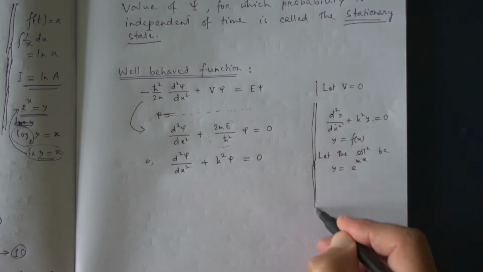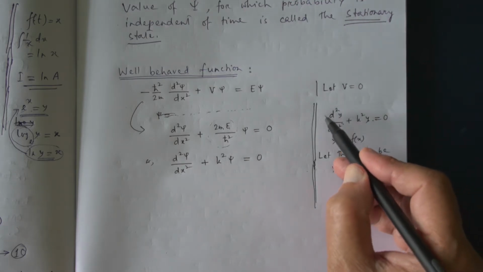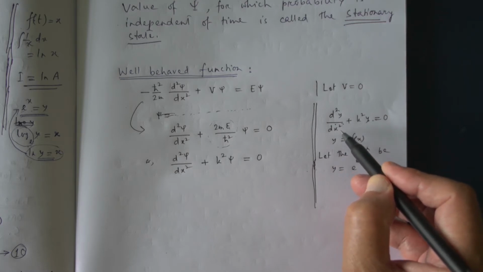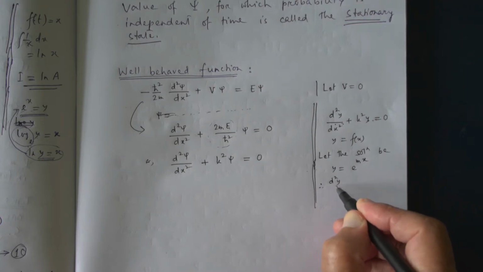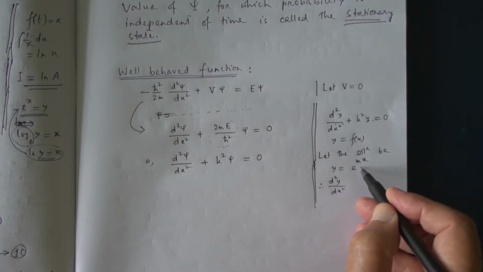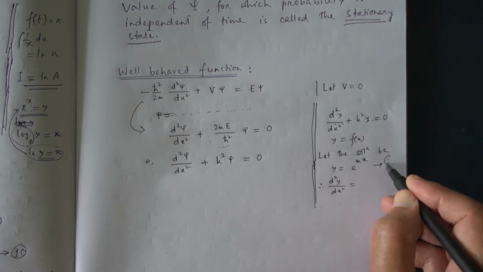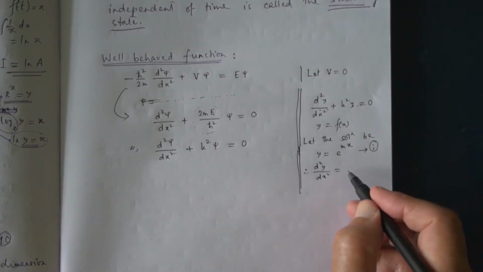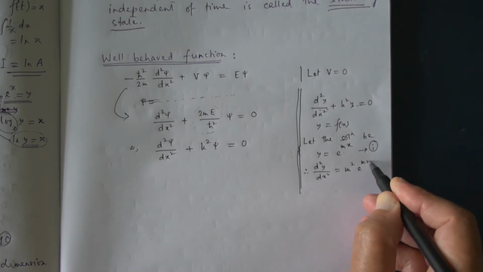Now here we have d2y dx square. If we differentiate, we get m square e to the power mx.